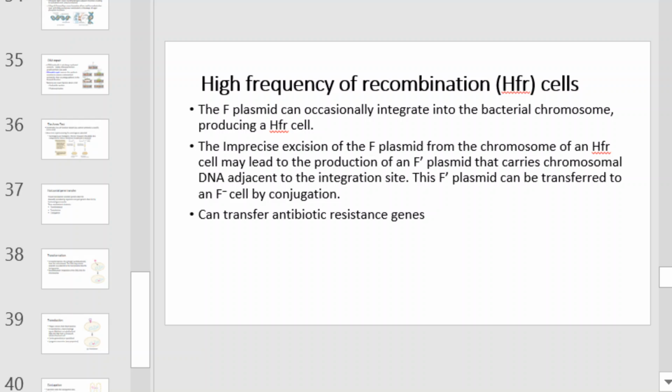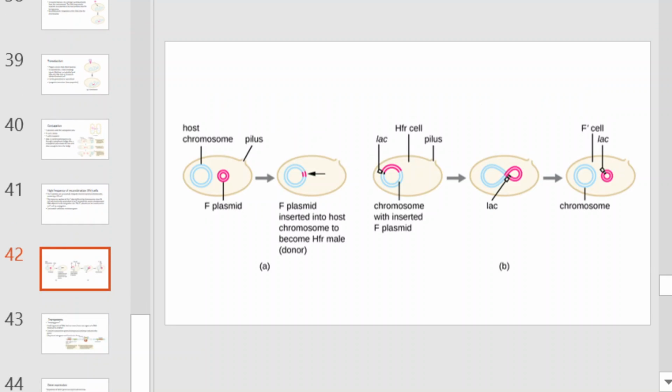This F plasmid can be transferred to an F minus cell by conjugation and can transfer things such as antibiotic resistance genes. This is an illustration of how that process might play out in nature.